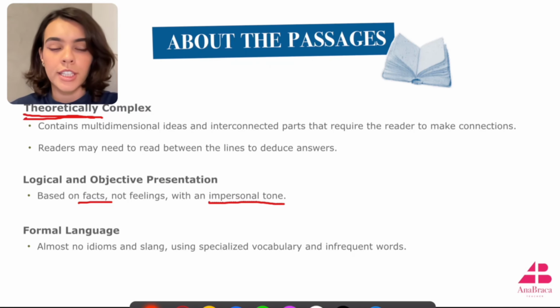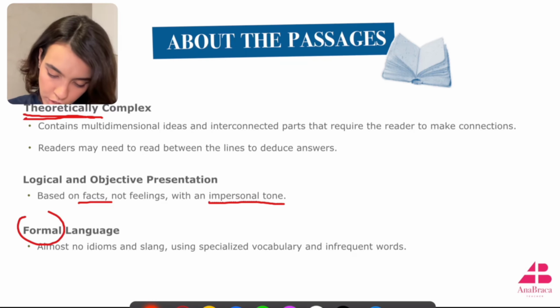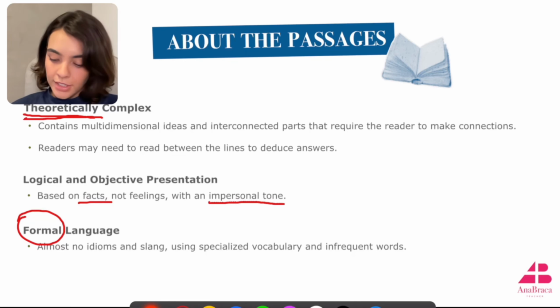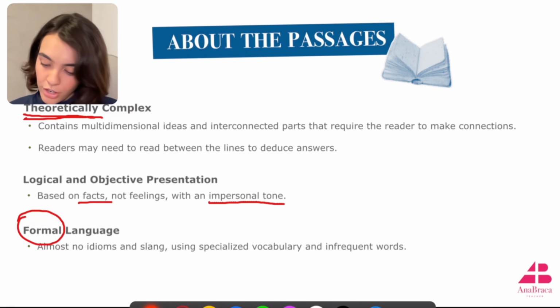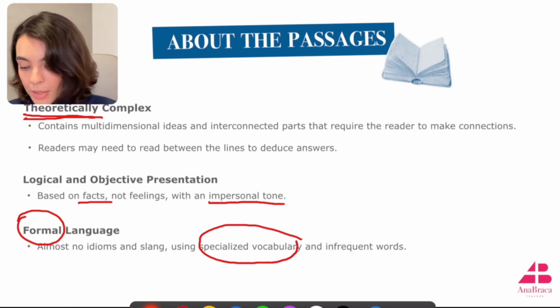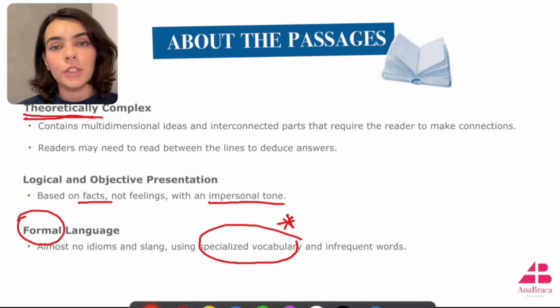It's very, very academic, and the language is super formal. So no slang, okay, it's usually specialized vocabulary. And this is something that some students are afraid of, because of this specialized vocabulary. But as I mentioned, don't you worry, with practice, you will get used to the jargon of each field of study that will be covered in the TOEFL.